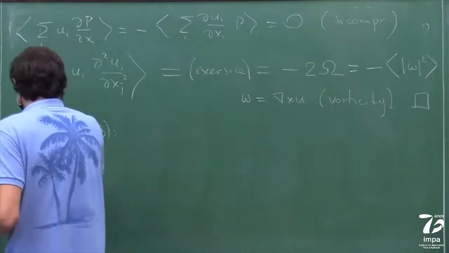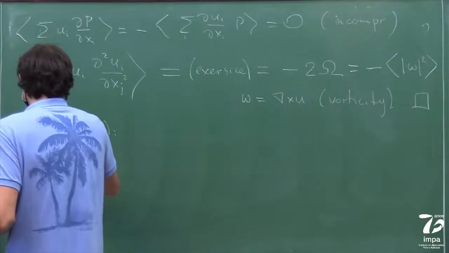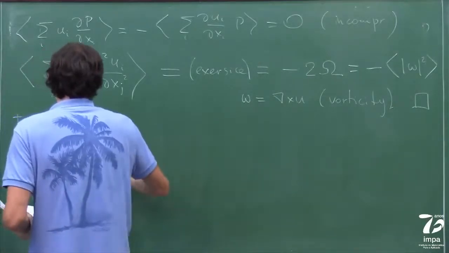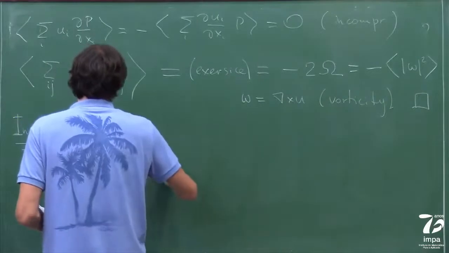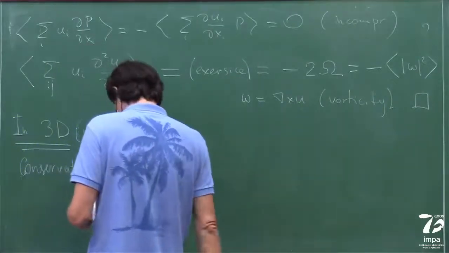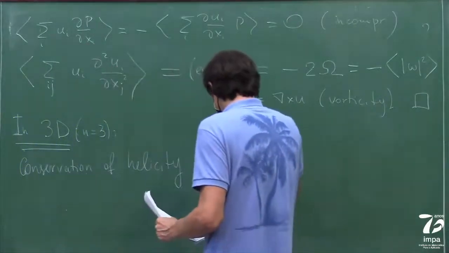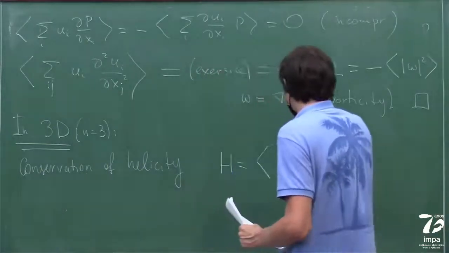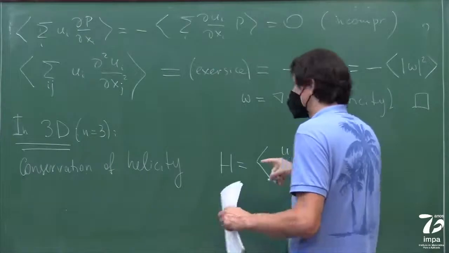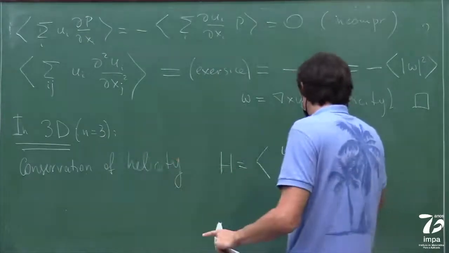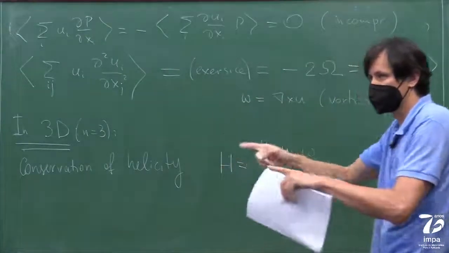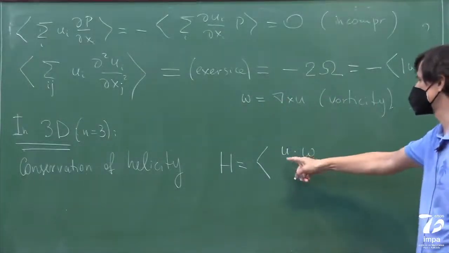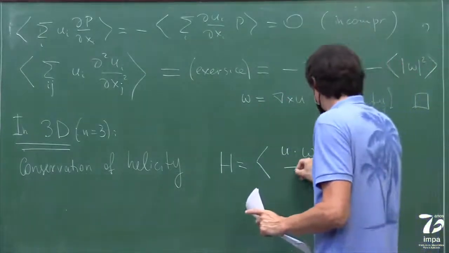There is a conservation of helicity. This is a very interesting mathematical quantity, which is defined as the mean average of the scalar product between the velocity and vorticity: the projection of vorticity in the direction of velocity, over 2.